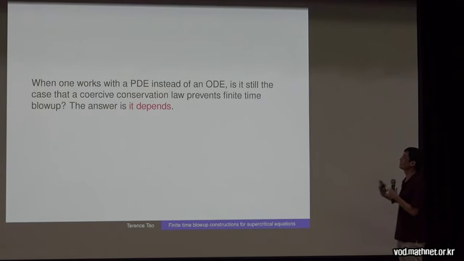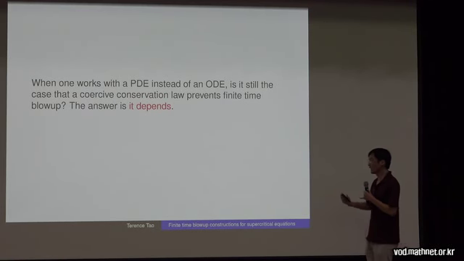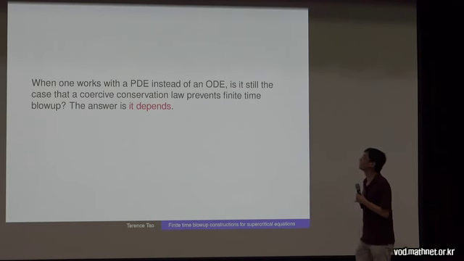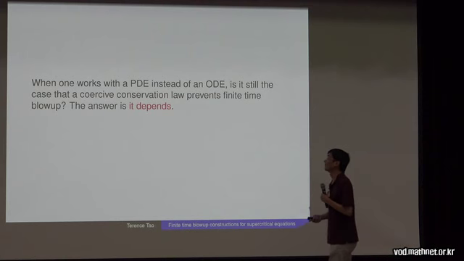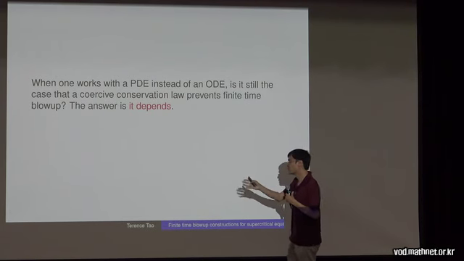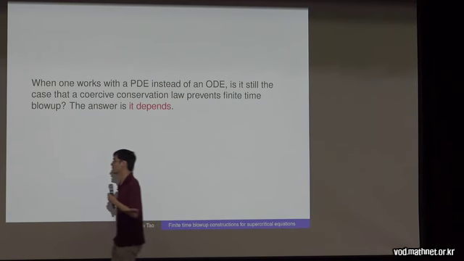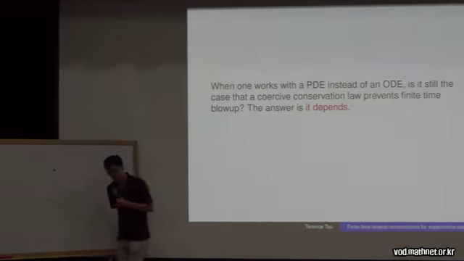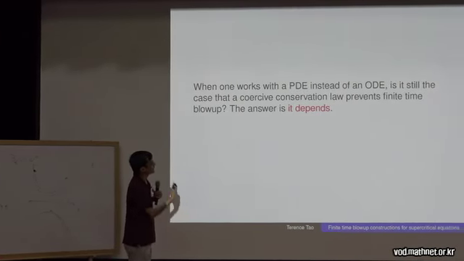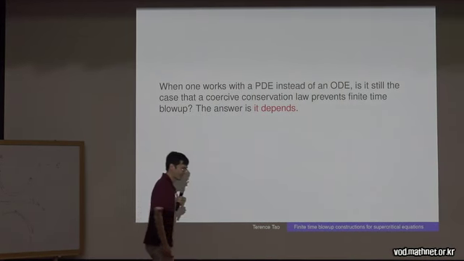So you can ask the same question for PDEs if you have an evolution equation of space and time, and you ask, okay, sometimes you have global solutions, sometimes you don't. But if you have a conserved energy, and the conserved energy is defocusing in some sense, that the energy surface looks more like this than like this, then is that good enough to prevent finite time blow up?